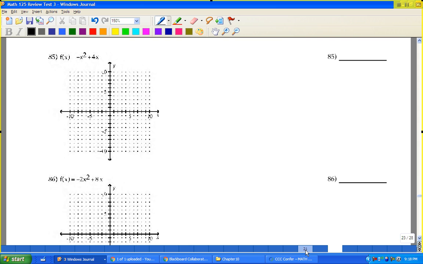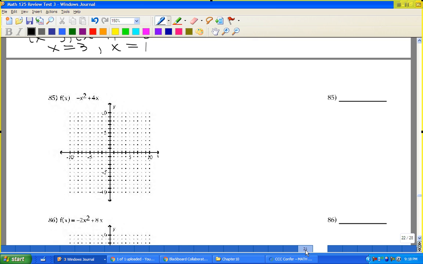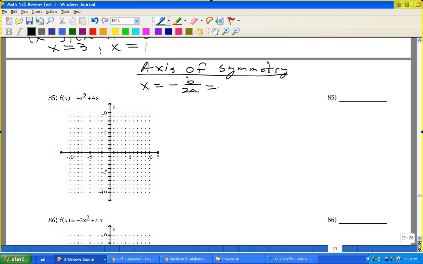And so do the same thing. So I want to find the vertex. So first let's find the axis of symmetry. So x is equal to negative b over 2a.